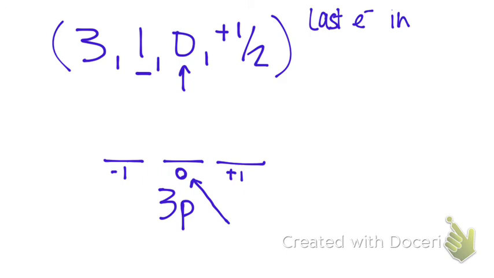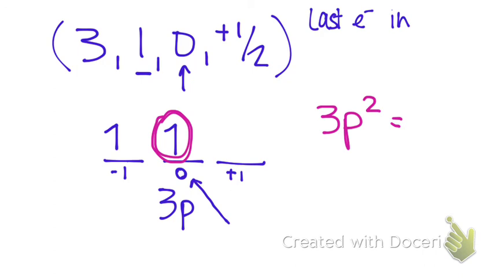Is it going to be the first electron that goes in or the second? The first. So I'm going to fill in my electrons, and I'm going to stop right there because I want the positively spinning one, or the first one that goes in. So that means my attention is on that electron right there. That's what the quantum number is for. But now I have to go back and think, okay, what element is 3p2? And it is silicon, I think, right? Mm-hmm.